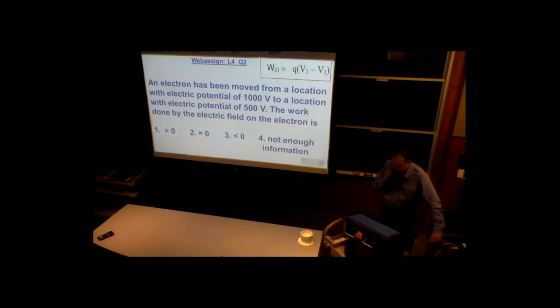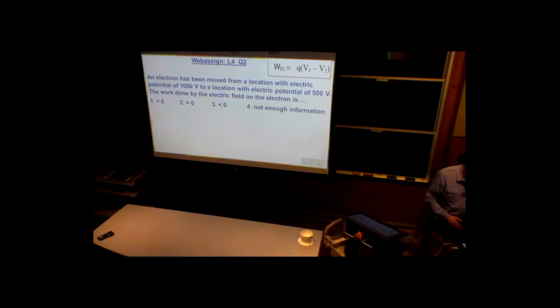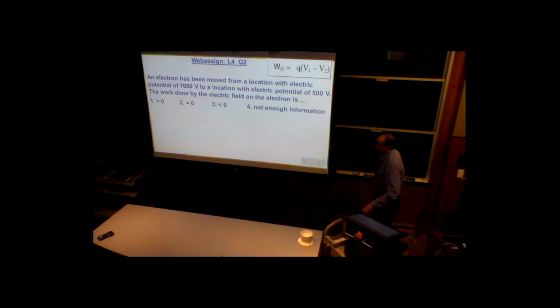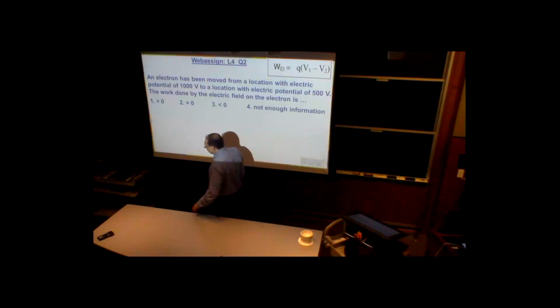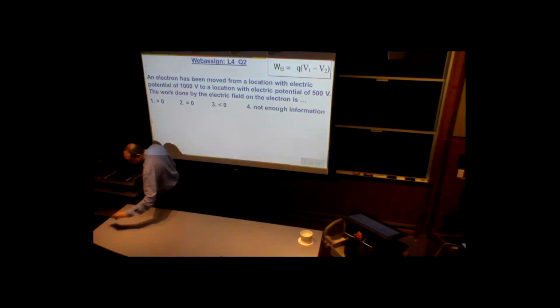All we know is that the initial electric potential was this, and final was that, and we know the equation. And the work is a number, as any number, real number. It only can be negative, positive, or 0. Sometimes we may need some extra information.